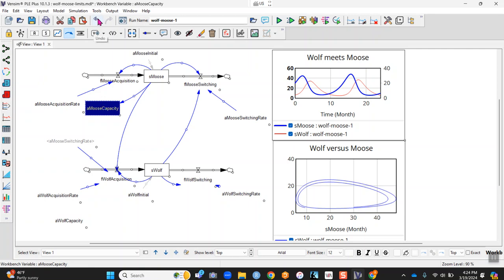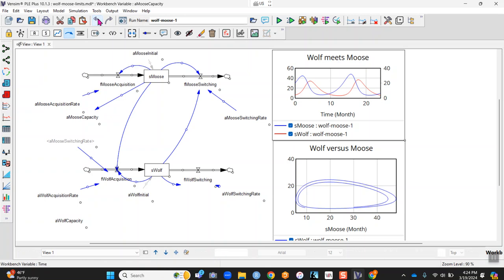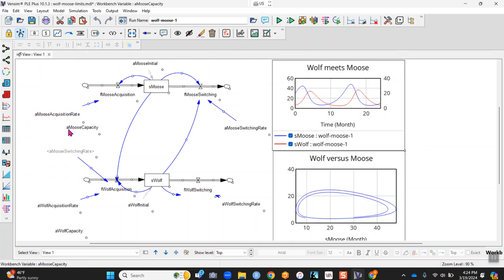And let's just get back to where I started, having lost my train of thought completely. There we go. So we do have moose capacity. And we might set that at, I don't know, 100 moose. Okay, we're going to set it at something. But there's something that comes in between moose and capacity in our model.